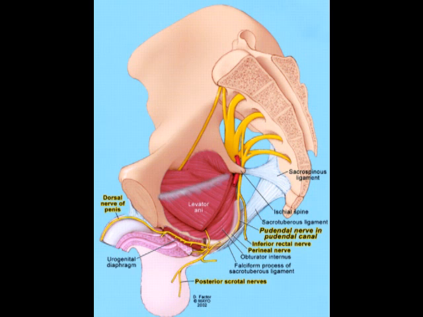And also the pudendal canal, the inferior rectal nerve, which, like I said before, would cause you to have problems with constipation and pain in your rectum area, as well as radiating to other areas such as your genitals and your perineum area.